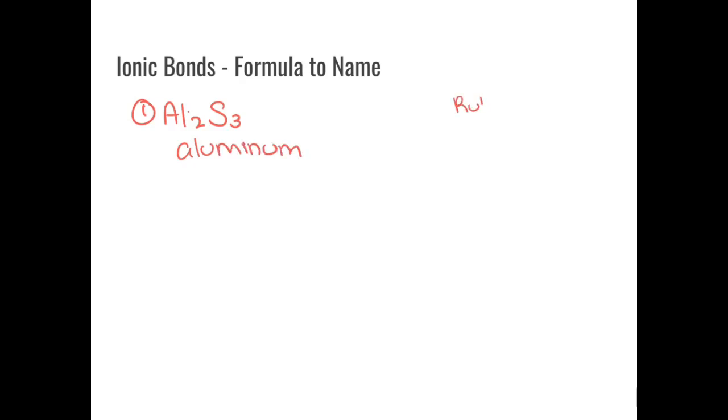So this brings us to rule number 1. When doing ionic bonds, you don't worry about the numbers. So this 2 right here, I'm not going to worry about that guy at all.